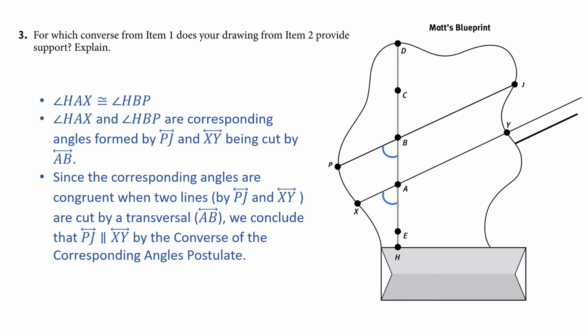So since the corresponding angles are congruent when two lines PJ and XY are cut by transversal AB, we conclude that PJ is parallel to XY by the converse of the corresponding angles postulate.